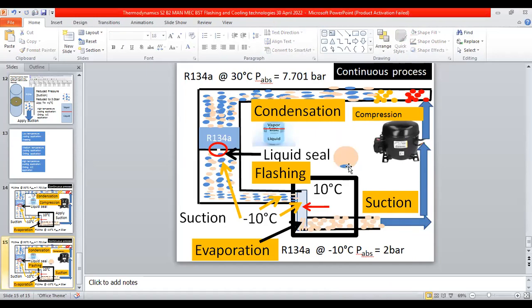So you can see this liquid turns into full gas. We can term this as flashing or expansion.